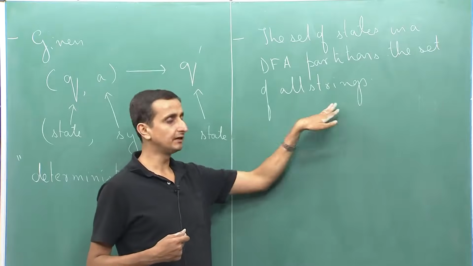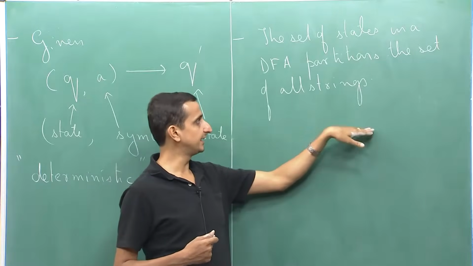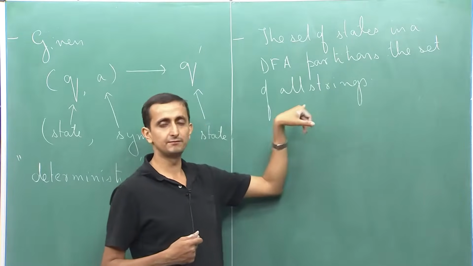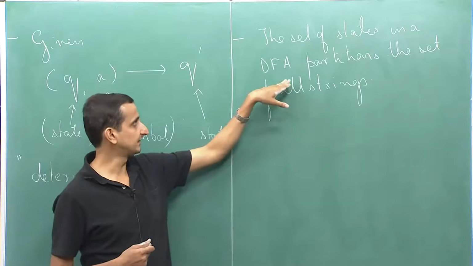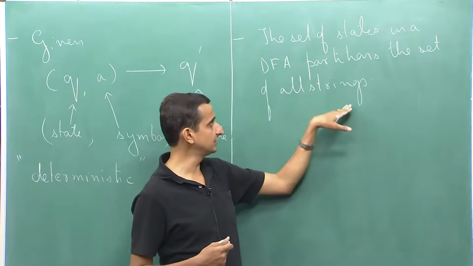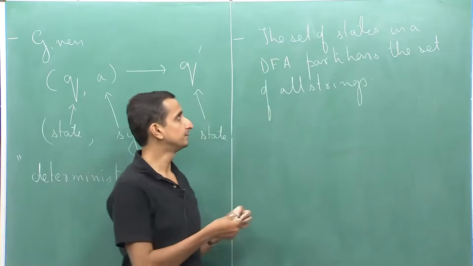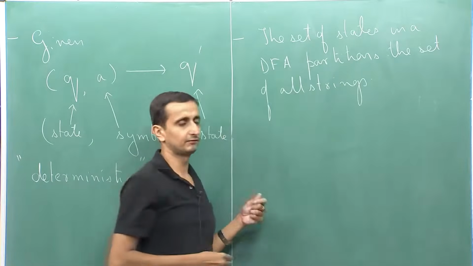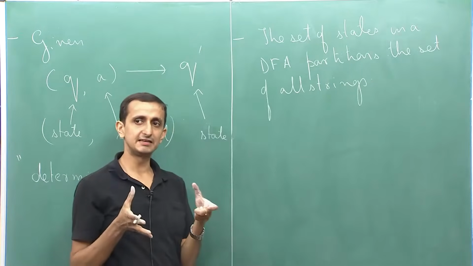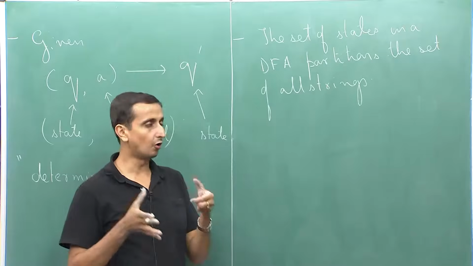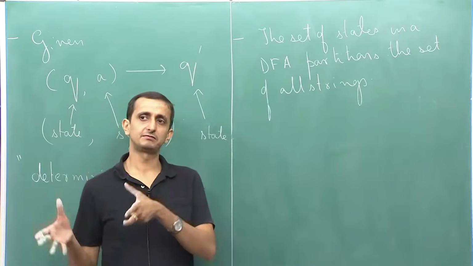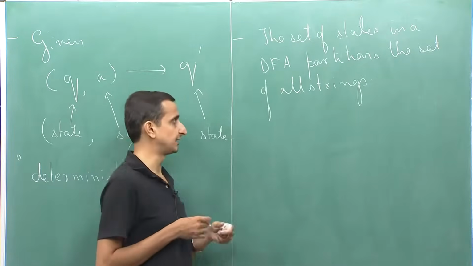So, for every string you always end up at a unique state when starting from the start state. Okay. So, we can think of the set of all strings as being partitioned corresponding to the set of states of the DFA. Okay. So, each state basically corresponds to all those strings that end up at that particular state.